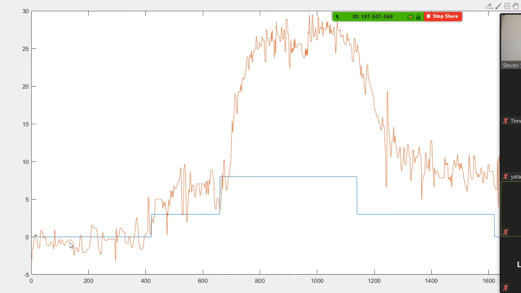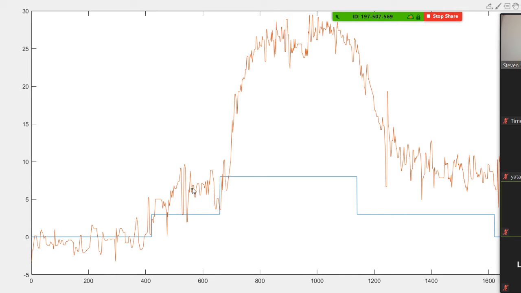First, I'm not doing anything, I just rest for a while, and then my VO2 is at the baseline. It's something like this, and then I walk at 3 kilometers per hour. I walk here, and then my oxygen consumption increased to a level. But you can see this signal is very noisy.